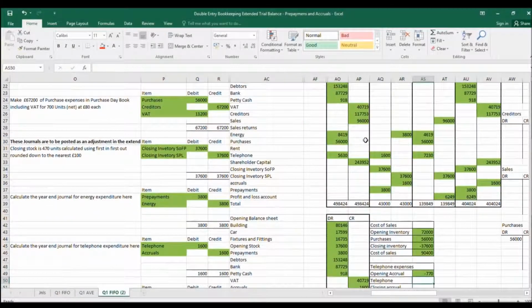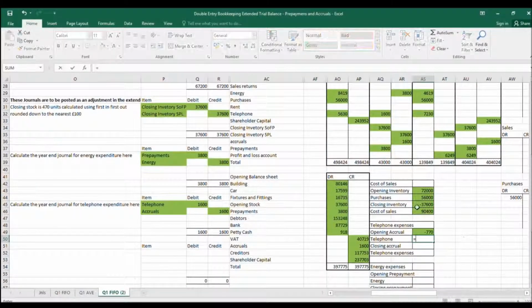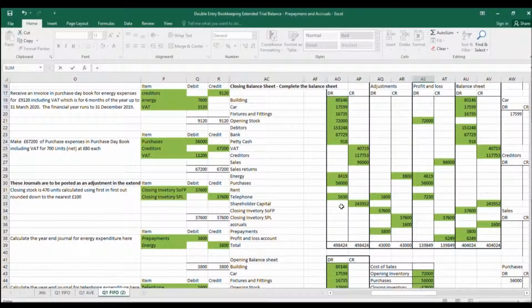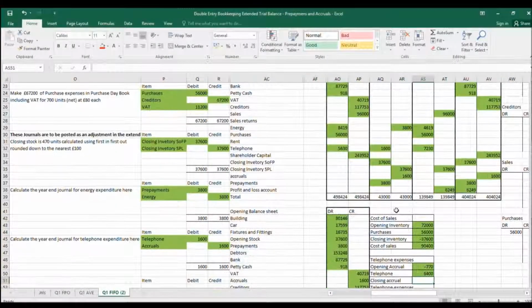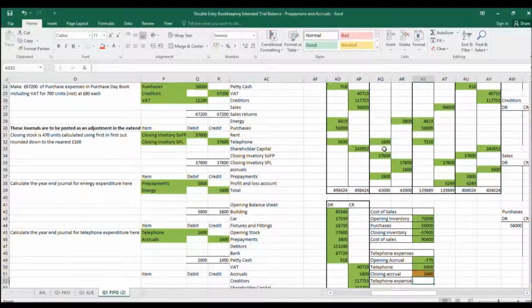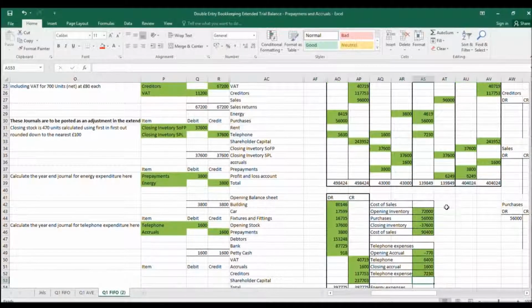Then we add on the telephone expenses in the year, and that will be what we got here. Let's just find it, 6,400 there. And we've got our closing accrual, which we add on. Here, our closing accrual, just that figure there. So that was our telephone expense, which you can also see here. This 5630 was those two combined there.